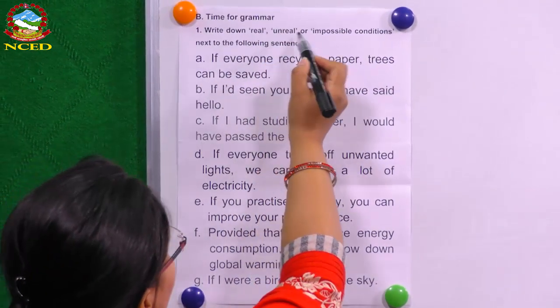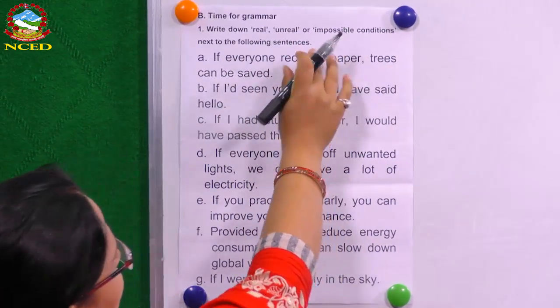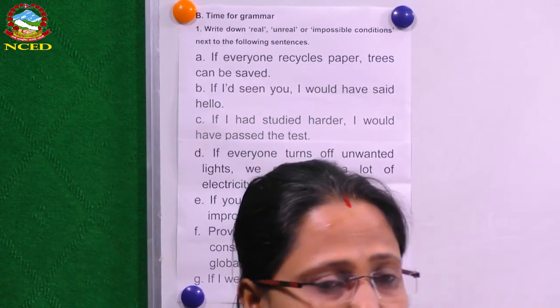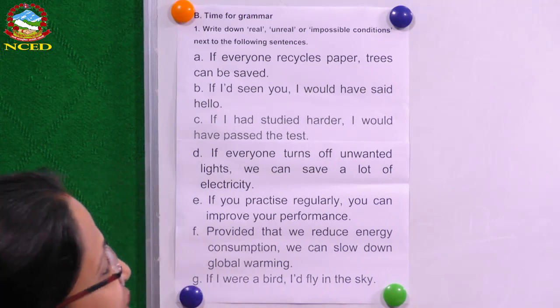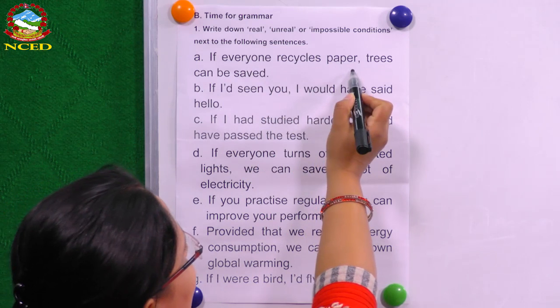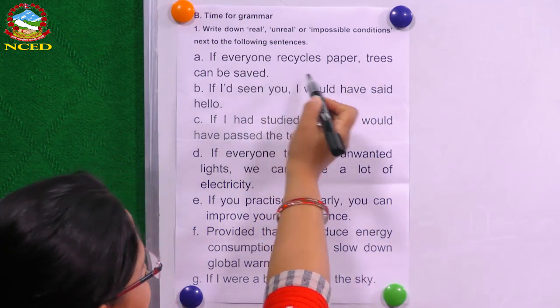Write down real, unreal or impossible conditions next to the following sentences. If you remember, with our previous examples, we had talked about the use of the conditional types. Okay, if everyone recycles paper, trees can be saved.